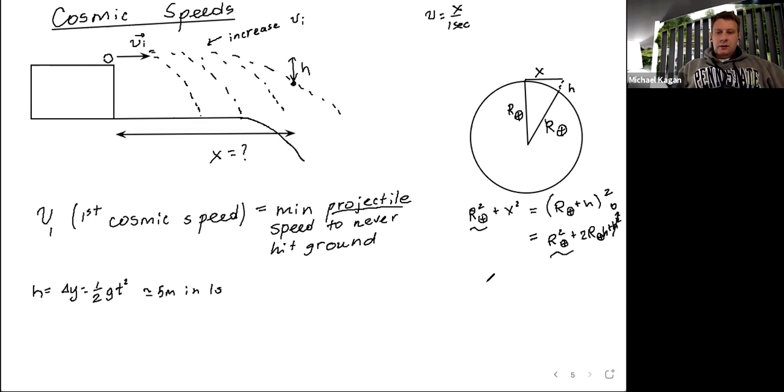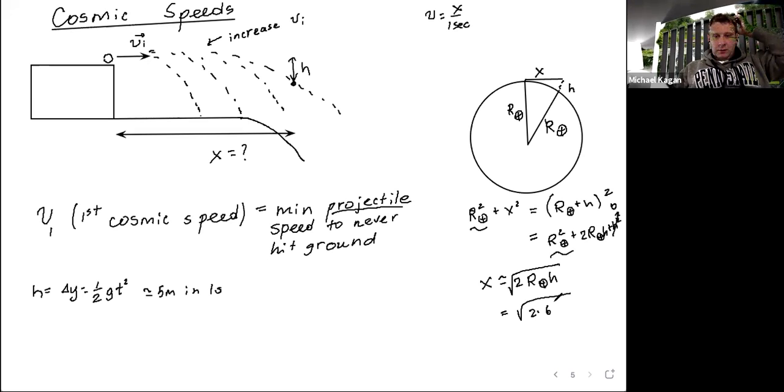Okay, so that gives you x approximately equal to the square root of 2Rh, because this is x squared. If you do the math, that's actually very quick to do. Have 2 times 6.4 times 10 to the 6 times 5.